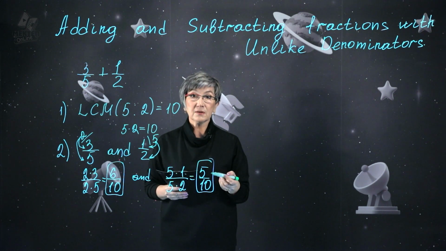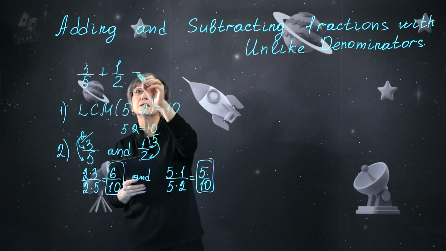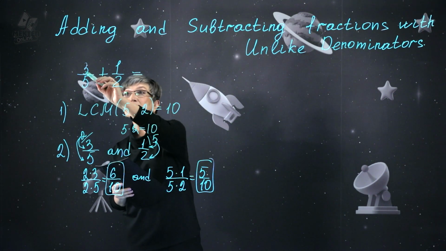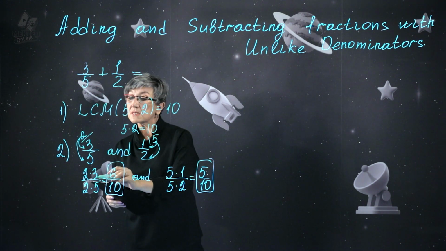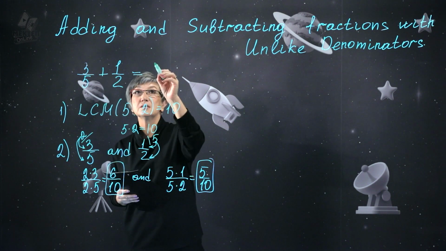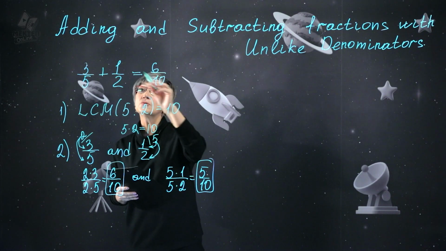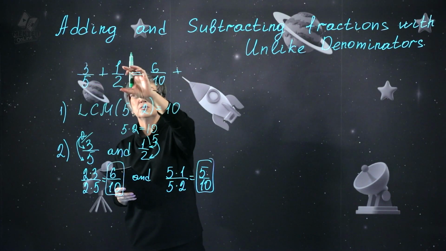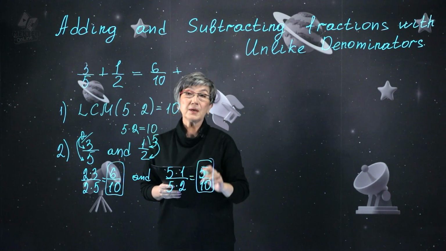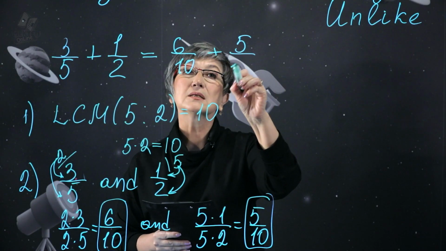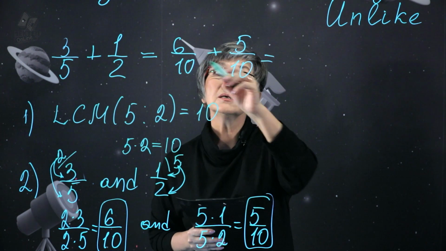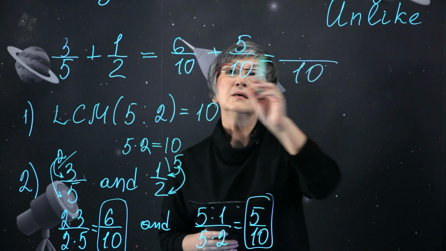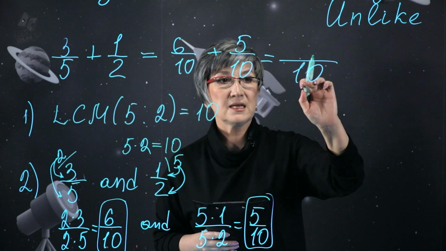Only then can I add these fractions. So instead of 3/5, I write 6/10. So 3/5 is 6/10, plus instead of 1/2, I write down a fraction of 5/10. And as a result of that, I ensure that we use a common denominator.